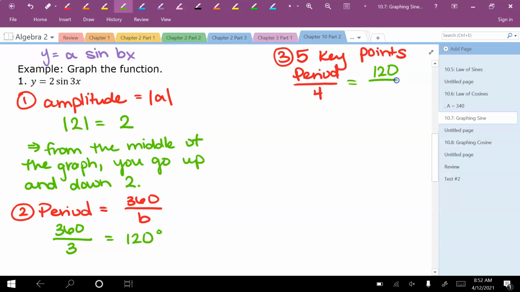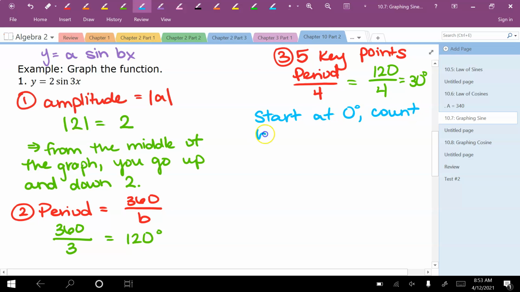So I'm going to take 120 divided by 4, which is 30. That means we start at 0 degrees and count by 30 degrees. So 30 degrees, 60 degrees, 90 degrees, and 120 degrees. Those are my 5 key points.